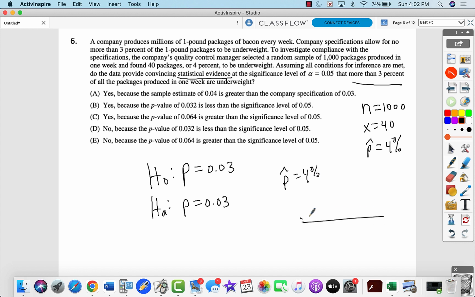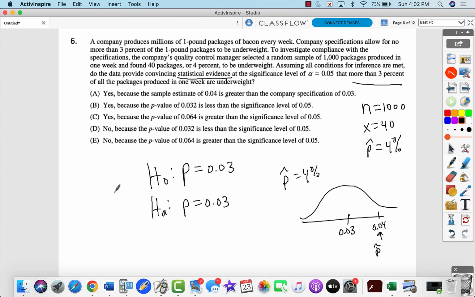Either this 4% is due to chance or this 4% is out of the ordinary if it's really 3%. If it's really 3%, this p hat should have been 3%. When you start seeing a difference between a p hat and a p, it's either by chance or it's so different that you don't believe the 3%.